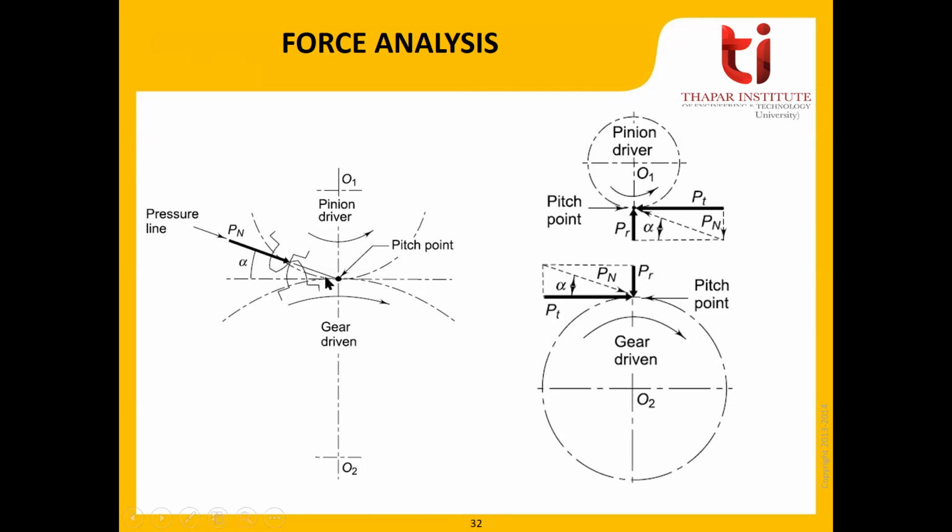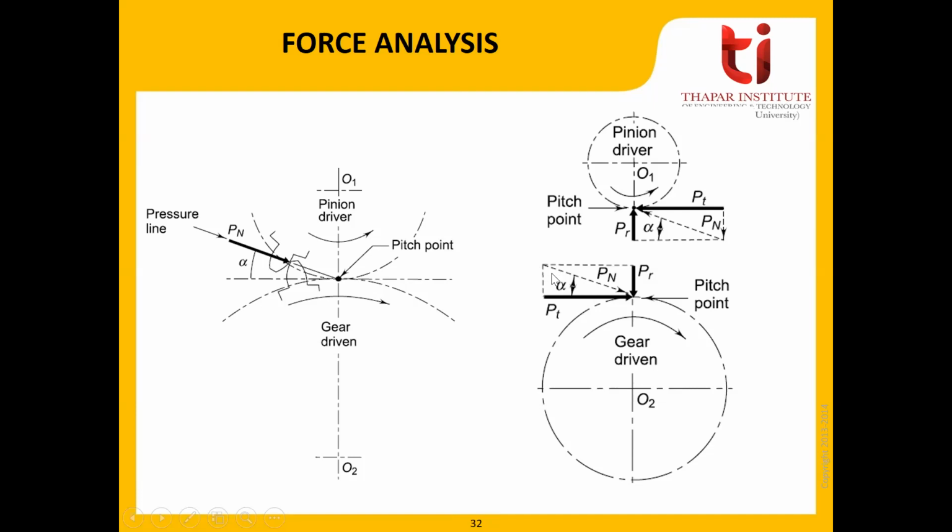This would be along the line of action, and this line of action is tangent to both of the base circles. And this is the common tangent at the pitch point. The angle between the common normal, or line of action, and the common tangent is the pressure angle alpha.